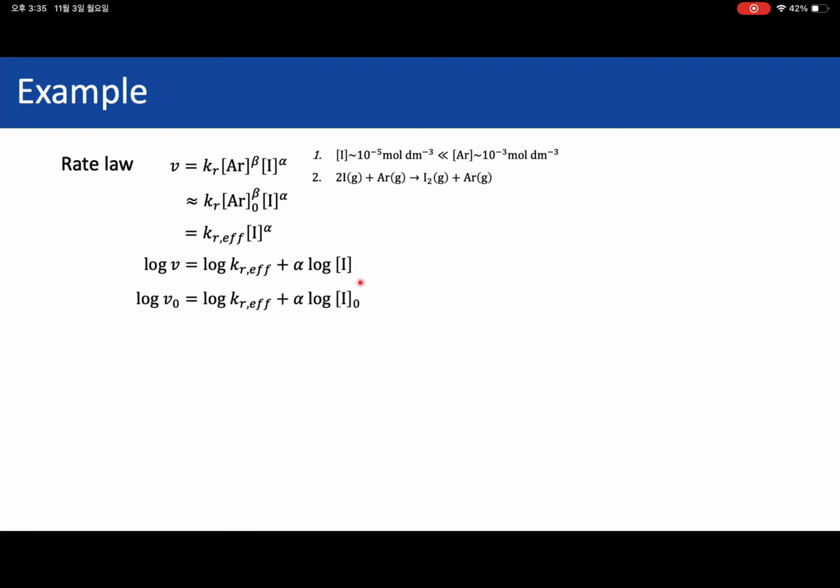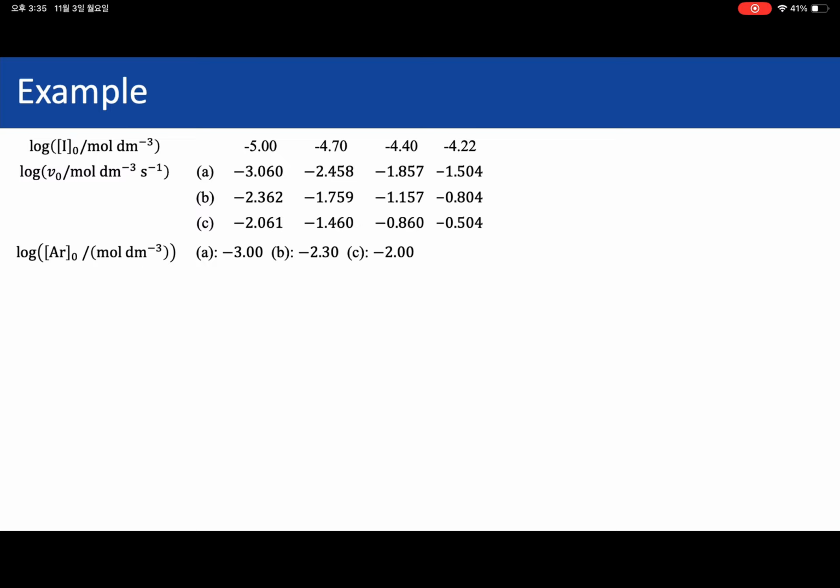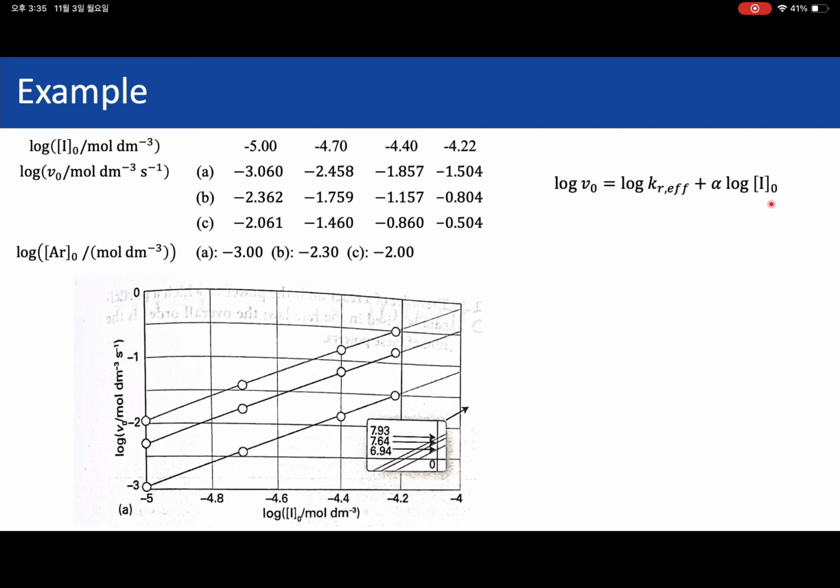And now we're going to apply the initial rate data points into this equation, which is this. These are the raw data, and this is the data in a log scale. Now we apply them into this equation. If we plot log v with respect to log I, it will look like this.